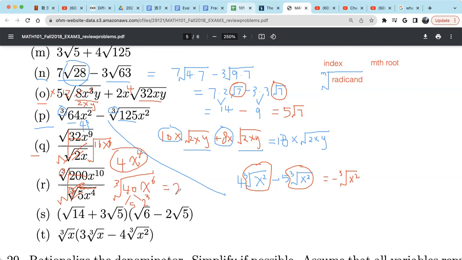So that means 2 comes out of the cubic root sign, and x raised to 6 comes out of the cubic sign, becomes x squared. Then what's left inside? We still have this 5. So we can write this as 2 radical 5 x squared, right? That's R.